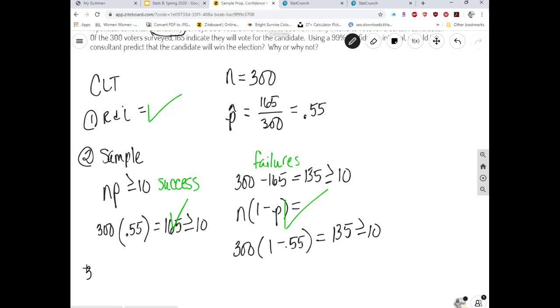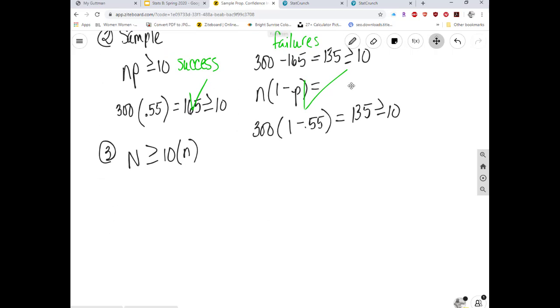Next, population condition. The population size has to be greater than or equal to 10 times the sample size. These are voters, so think of all voters. It has to be more than 10 times 300, and 10 times 300 is 3,000.